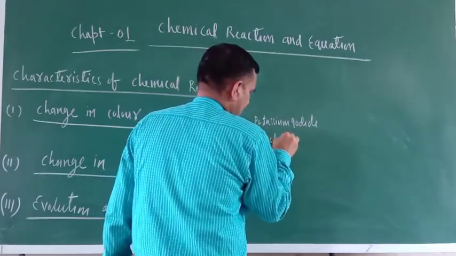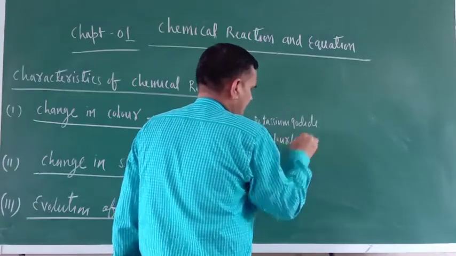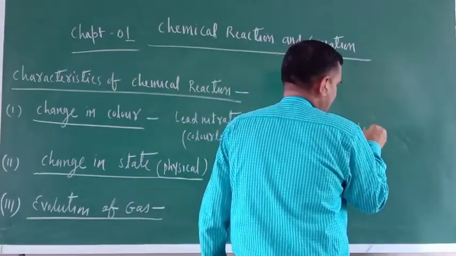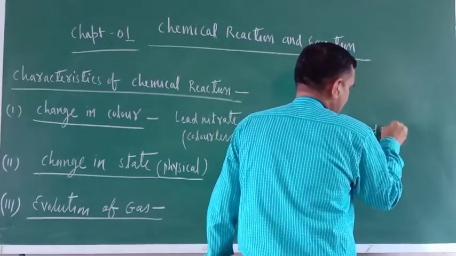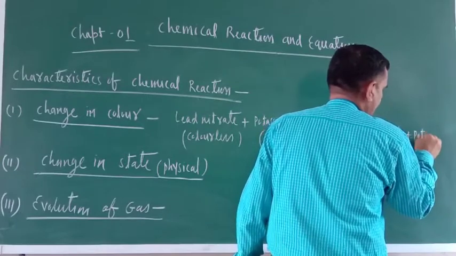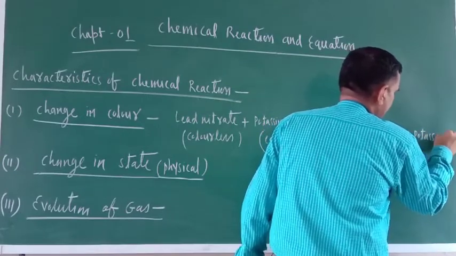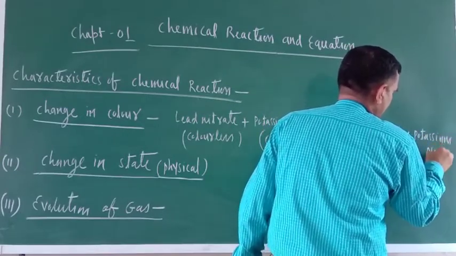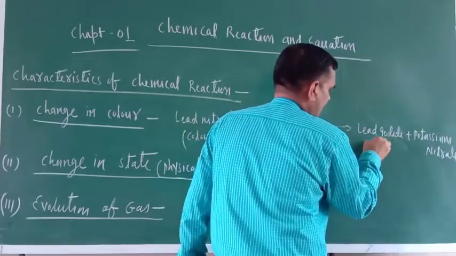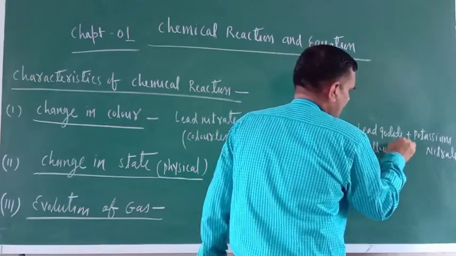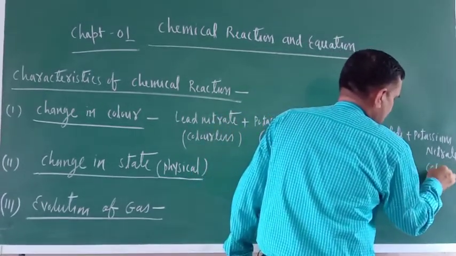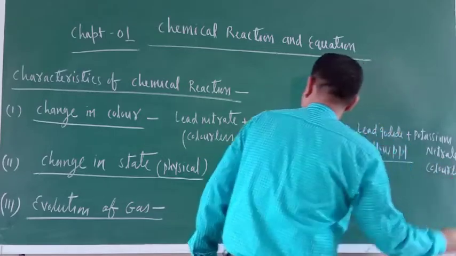But when they react together, they form lead iodide plus potassium nitrate. Potassium nitrate is colorless. This lead iodide forms a precipitate. So there is a change in the color.